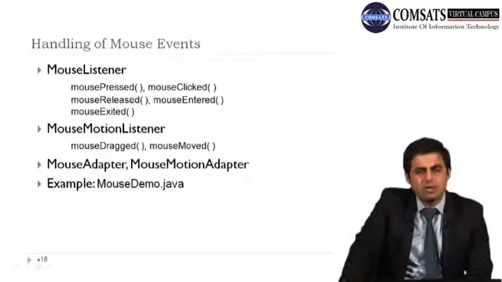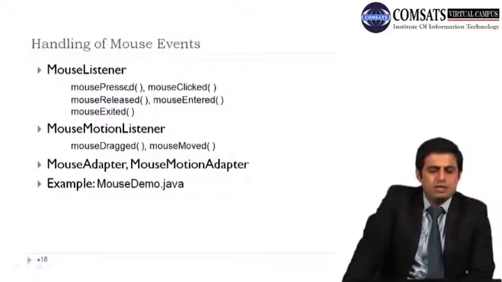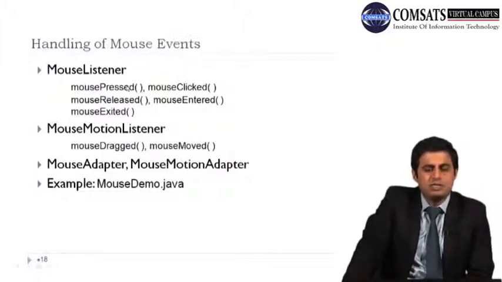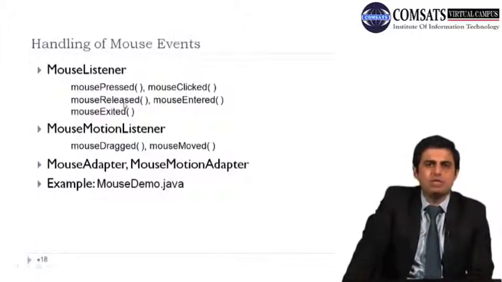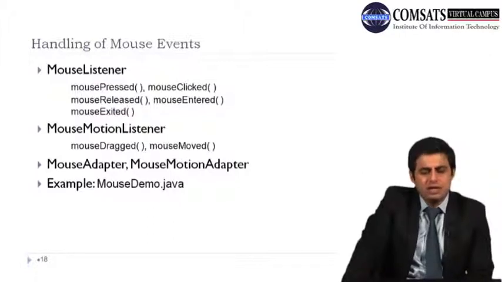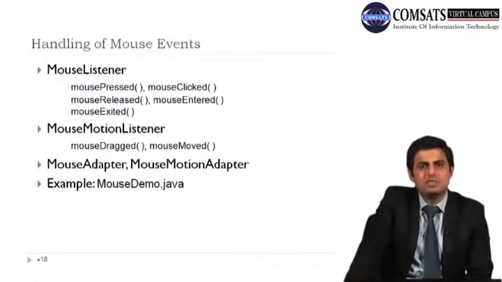Mouse pressed means that once the mouse is pressed, what action should be taken, and if it is clicked, what action should be taken. If it is released, sometimes you also need some behavior to run when the mouse is released, if it is pressed for a long time.